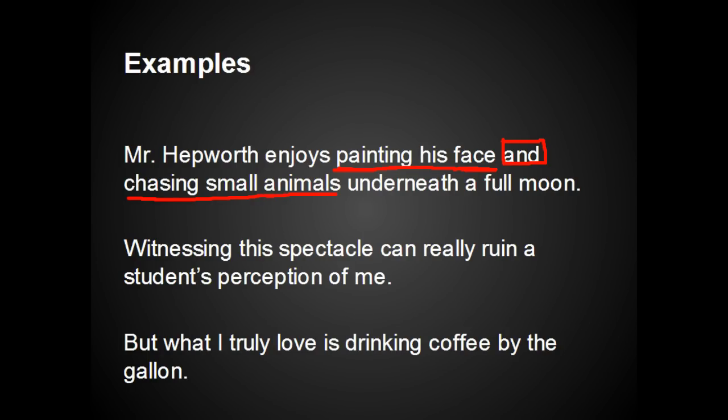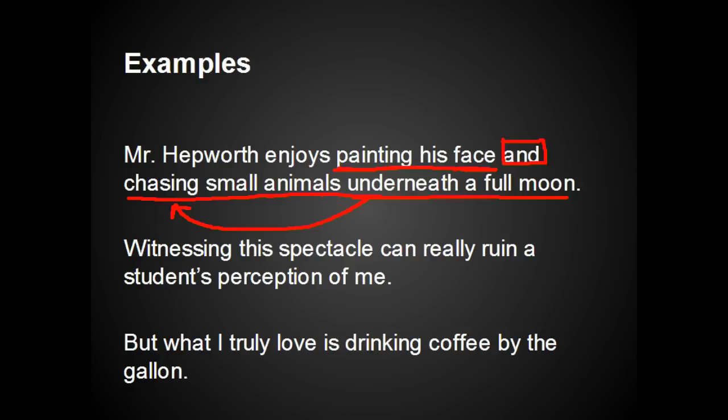But we also have this thing down here, underneath a full moon. Now, you will notice underneath a full moon is a prepositional phrase, and it's describing where we are chasing. So we also need to include underneath a full moon because it is describing the word chasing. And all of this goes together to create one great big gerund.